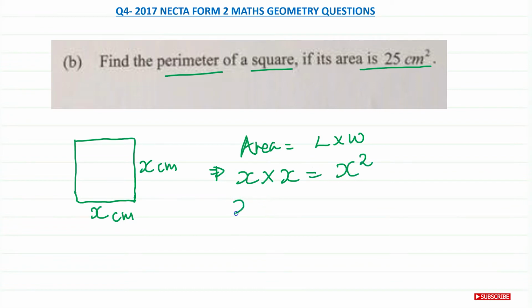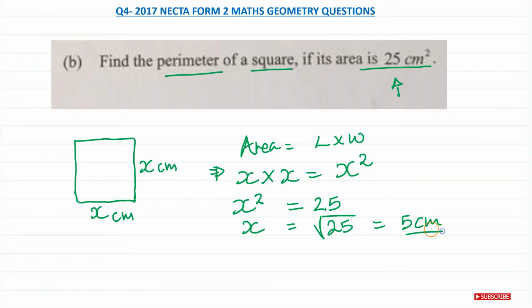But we know that information is given, so x squared is, because we're told here the area is 25, so x squared must be equal to 25, and x is going to be the square root of 25, which is equal to 5 centimeters. So we're dealing with length, you must take the positive answer to the square root.